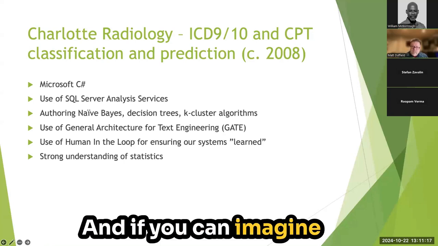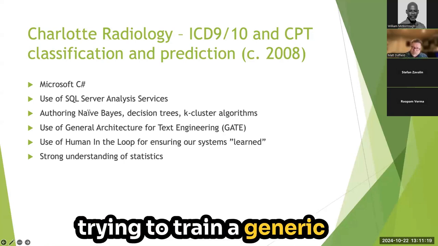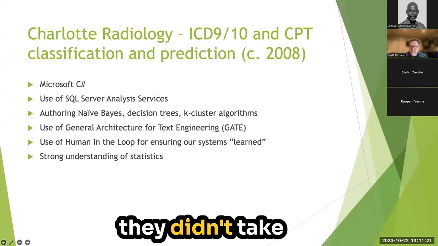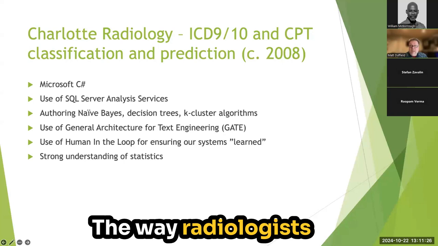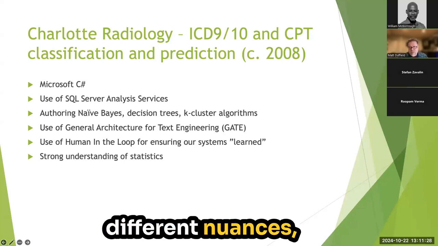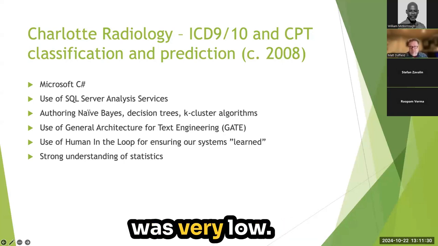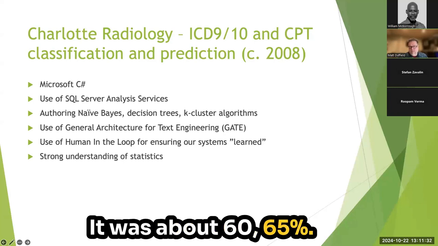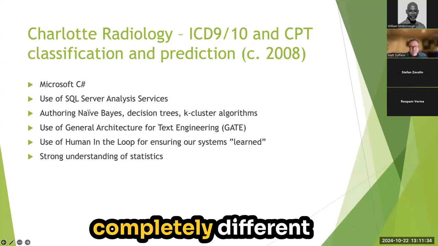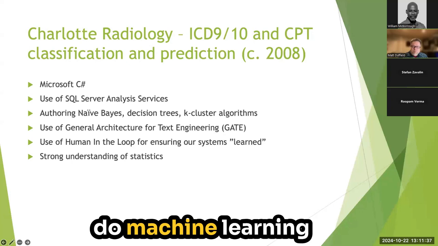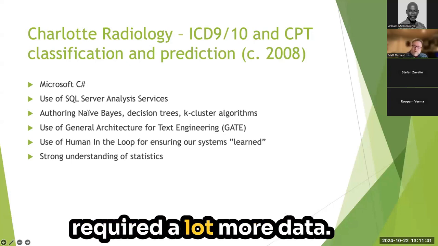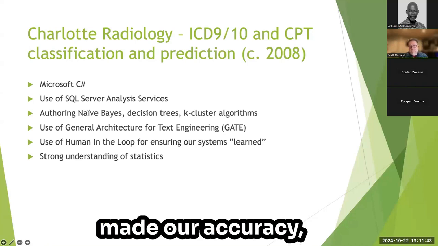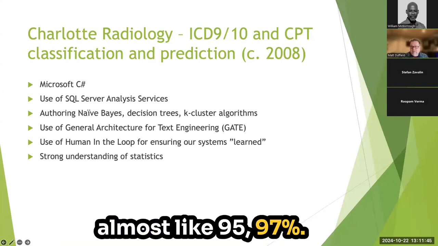If you try to train a generic model that doesn't take into consideration the way radiologists dictate the different nuances, the accuracy was very low, about 65%. Our approach was completely different: we wanted to do machine learning training per radiologist, which required a lot more data, but made our accuracy almost 95 to 97%.